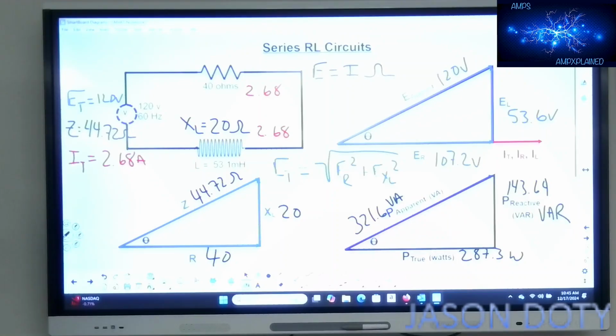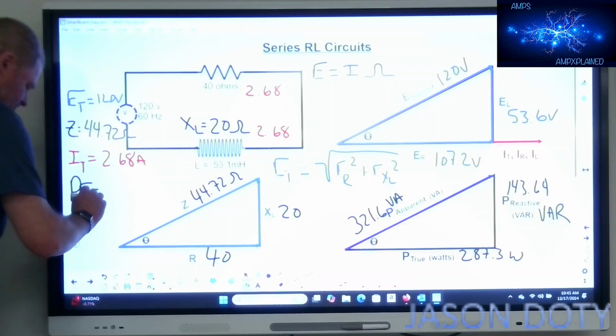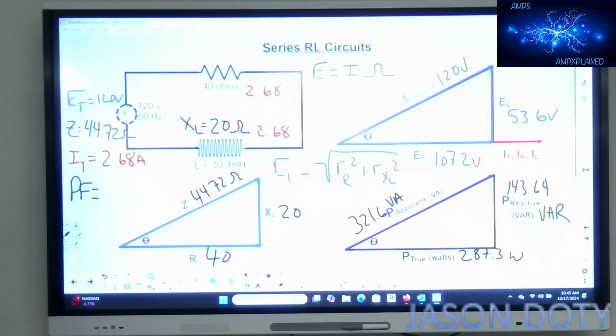So we know that the circuit in its entirety isn't all true power, and we want to figure out how efficient our circuit is. And that's a measurement called power factor. Power factor will tell us how efficient a circuit is, because we're going to have wasted power.